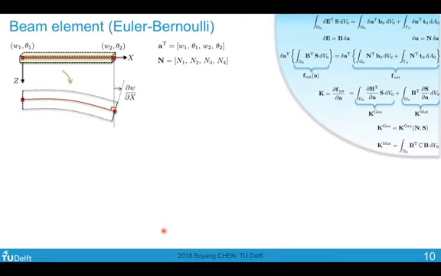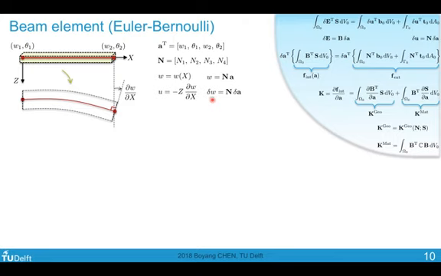In Euler-Bernoulli beam theory, what is normal remains normal to the neutral axis, and it remains straight, which means that we can express our U, which is the axial displacement, by this expression. And W, we assume that is only a function of x. Now we can replace W by the shape function multiplied with the degree of freedom vector.